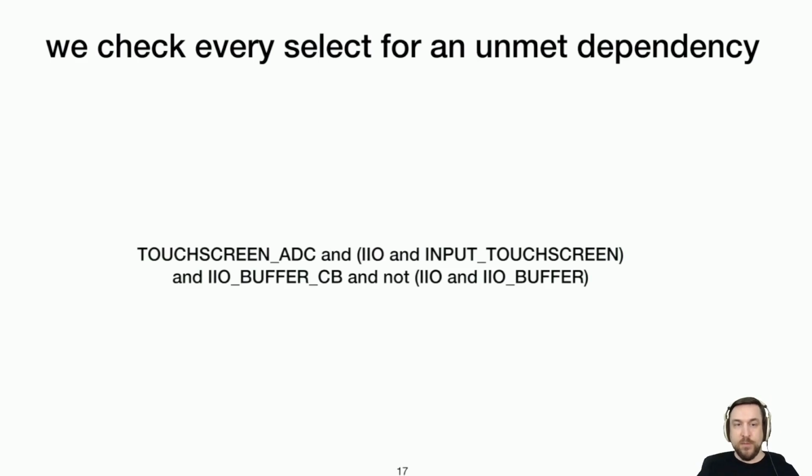So in this case, the formula is getting much larger, but the idea is that if the direct dependencies are turned off for IIO buffer CB, and not its direct dependencies, but its reverse dependency, touchscreen ADC, is turned on, and all the direct dependencies it has, then if that formula can ever be true, then we have what potentially is one of these unmet dependency bugs.